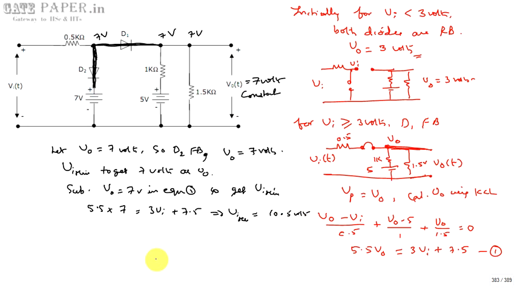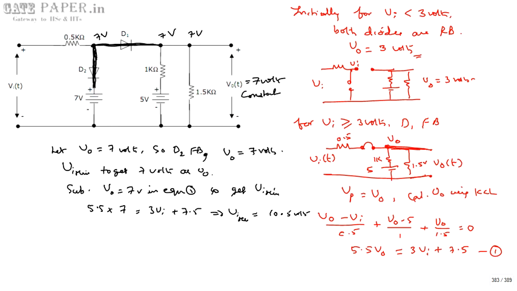So whenever the input voltage reaches 10.5 volts, that makes V0 equal to 7 volts, and that is forward biasing the D2 diode. Whenever it becomes forward biased, V0 will be stuck at 7 volts only, even though Vi is greater than 10.5. So 10.6, 10.7, 11, 11.5, 12. Till it reaches 12 volts also, V0 will be stuck at 7 volts.